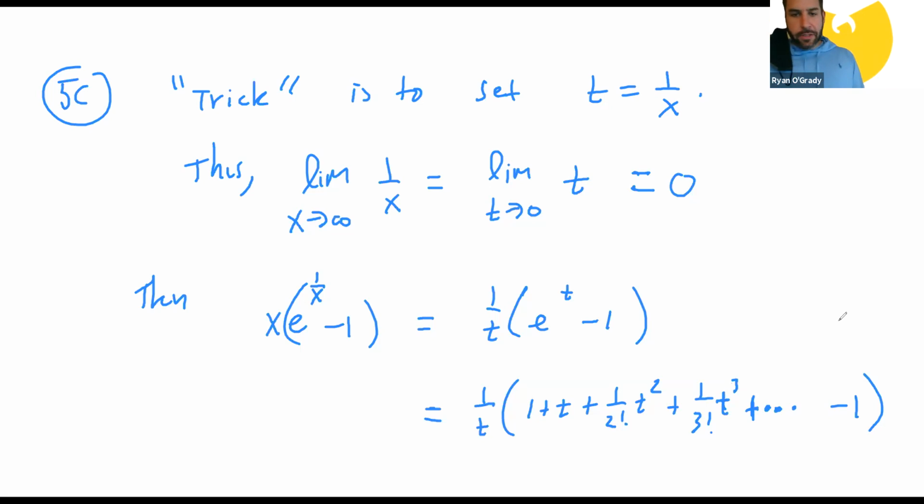But look what happens if I distribute now. Remember our old friend distributing, I'm left with, well, first off, 1 cancels, right? So this is the key observation. This 1 and that 1 cancel.